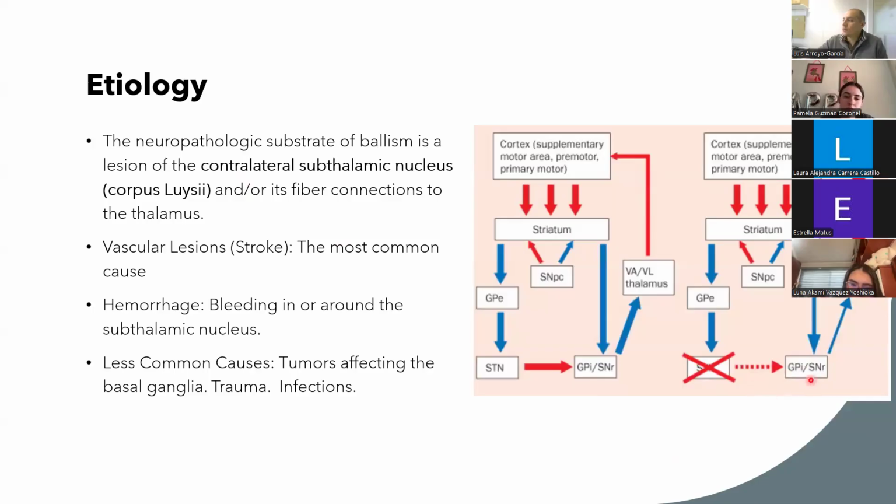So if we jump this part, then we can generate the excitation of the GPI with the brain stimulation, and then we can increase the inhibition to the thalamus and have a normal motor function.